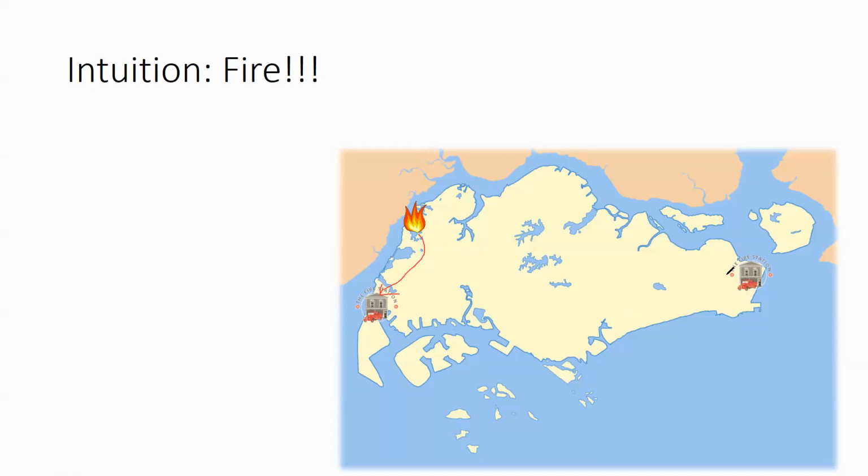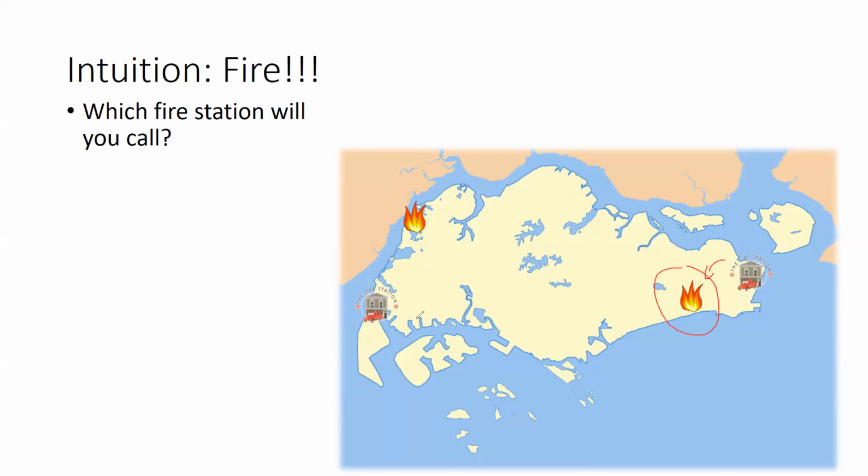You don't want to call the Changi Airport one and have it go all the way. If you have a fire here, I would rather call the Changi one than wait for the Tuas fire engine to come, which will take longer. So the question is, for every spot in Singapore, how do you determine which fire station to call if you have a fire? I include every point.